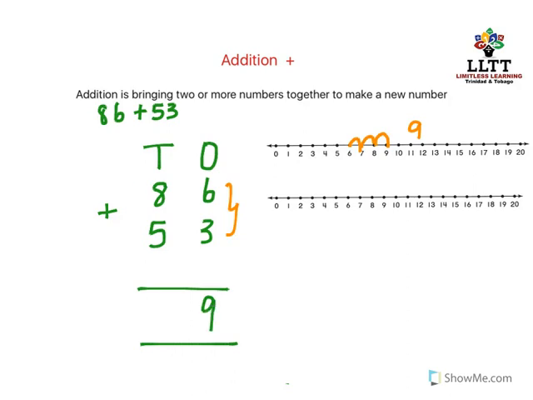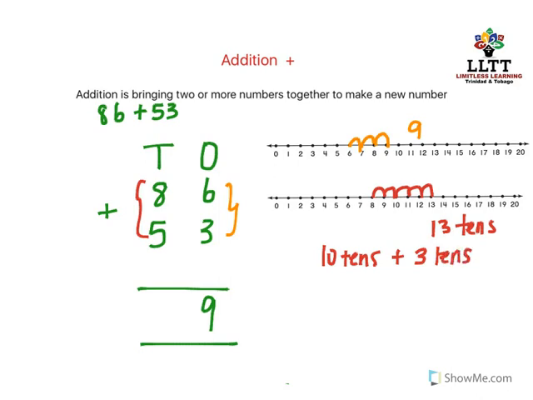Then I'm going to add my tens. I have 8 plus 5. I'm going to start at 8 and move 5 to the right. That's 1, 2, 3, 4, 5. So that's 13. And this is 13 tens. 13 tens is the same thing as 10 tens plus 3 tens.